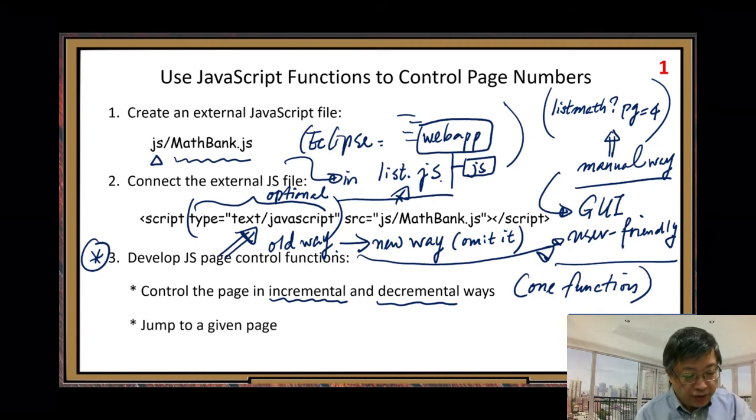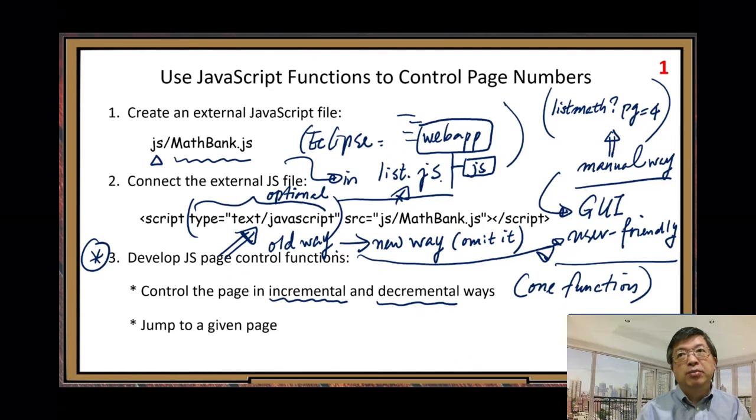Our second function, we want to jump to a given page. Sometimes when we go to one particular page, we may not like to use the navigation button. Although we can, it may not be very user-friendly because we need to click the button too many times.